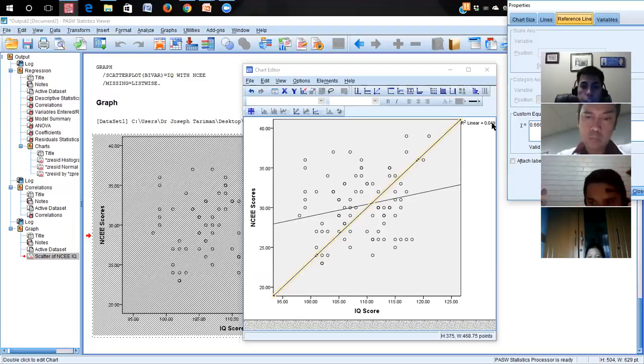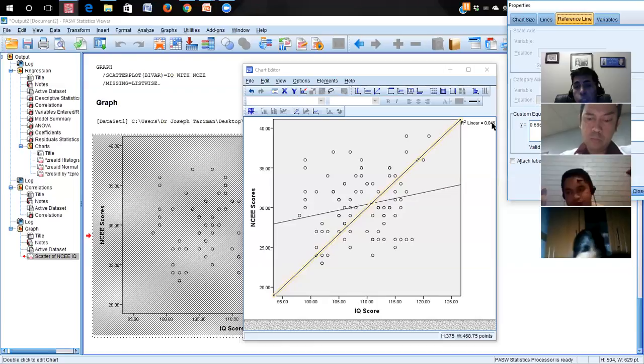The richer the student, or the higher the income of their parents, the higher their NCEE score. So in this model, the independent variable IQ score only accounts for 4.9%.